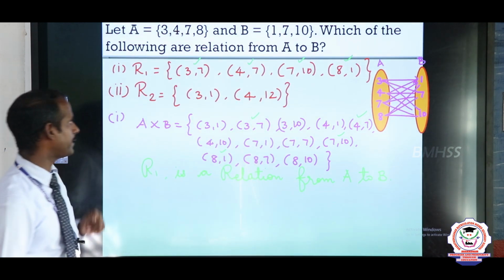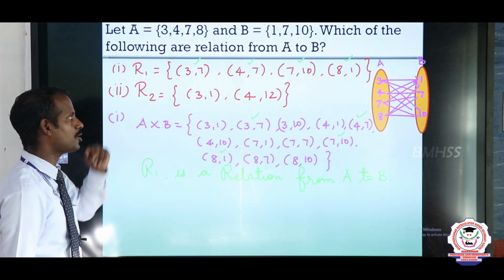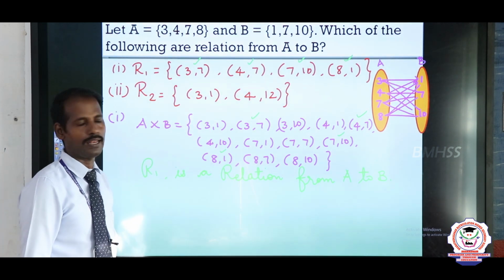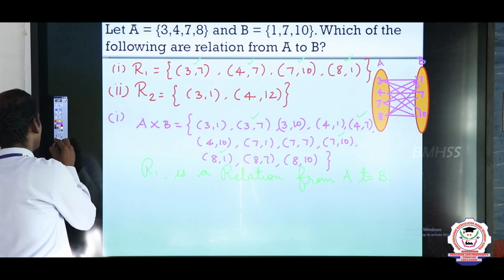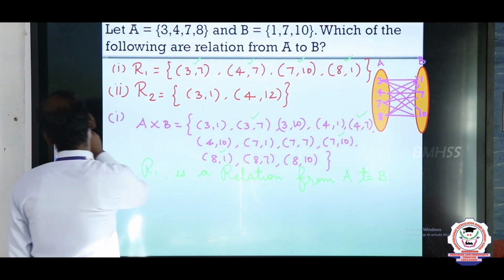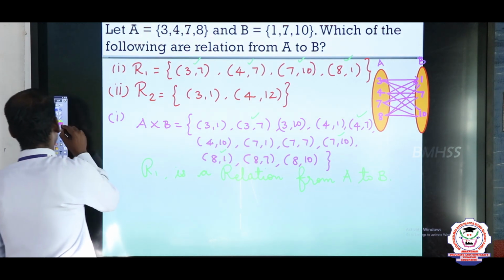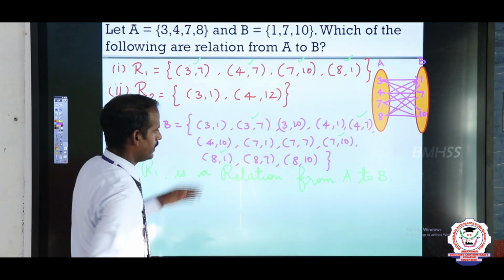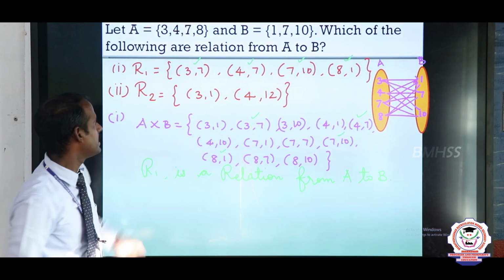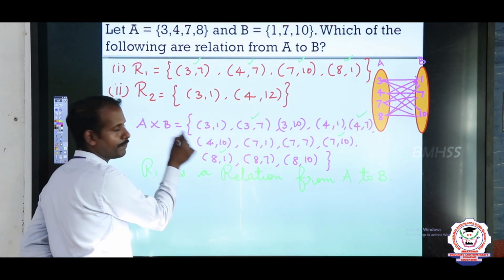The first sum is completed. Then the second sum, R2. What are the elements of R2? 3 comma 1, 4 comma 12. The first element is 3 comma 1. Is 3 comma 1 in A Cartesian B?